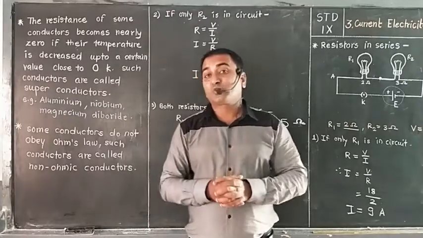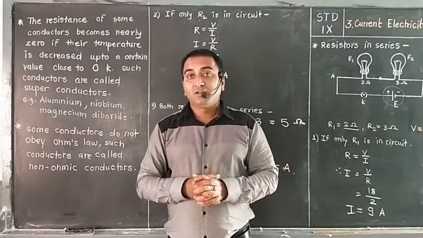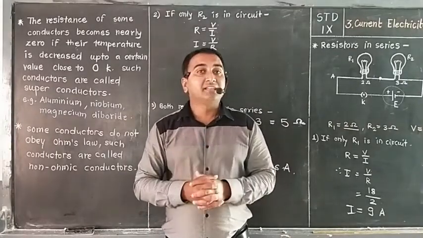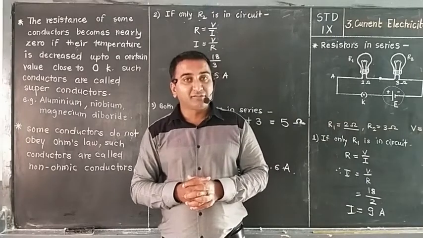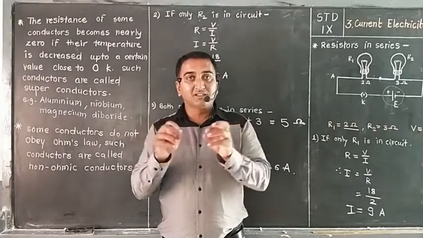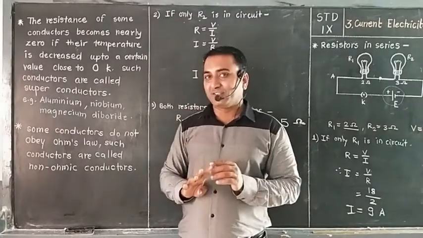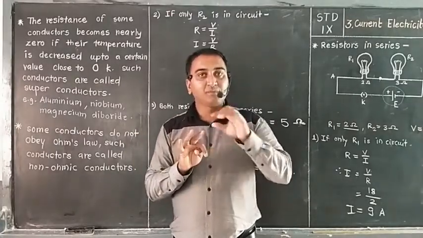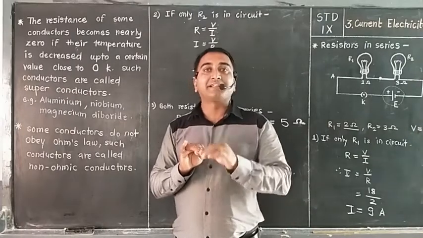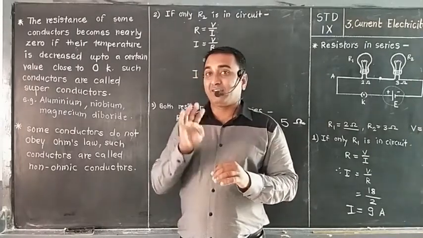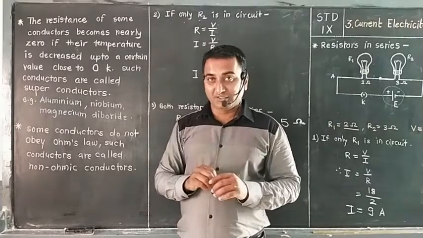Then we have discussed Ohm's law. What is Ohm's law? Current in the circuit is directly proportional to the potential difference across the two ends when four things are constant. Which are they? Length of wire, area of cross section, material, and temperature, as we discussed in earlier sessions.